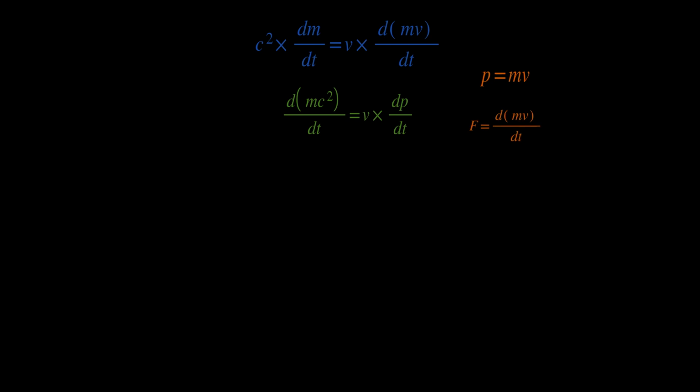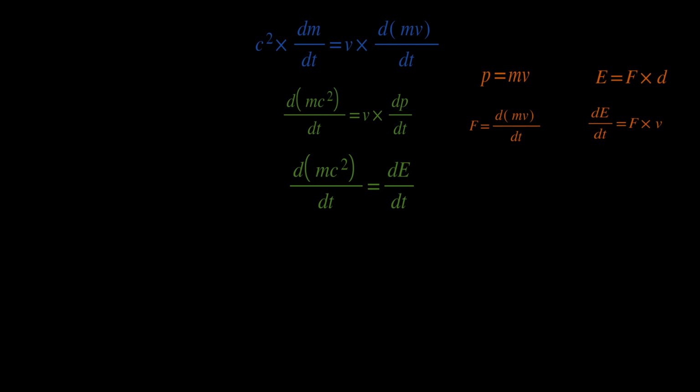And since the force is the rate of change of momentum with respect to time, and since work is defined as force times the displacement in the direction of the force, we're left with that the derivative of energy with respect to time is force times velocity. And so the right hand side in the green equation is just the derivative of energy with respect to time.